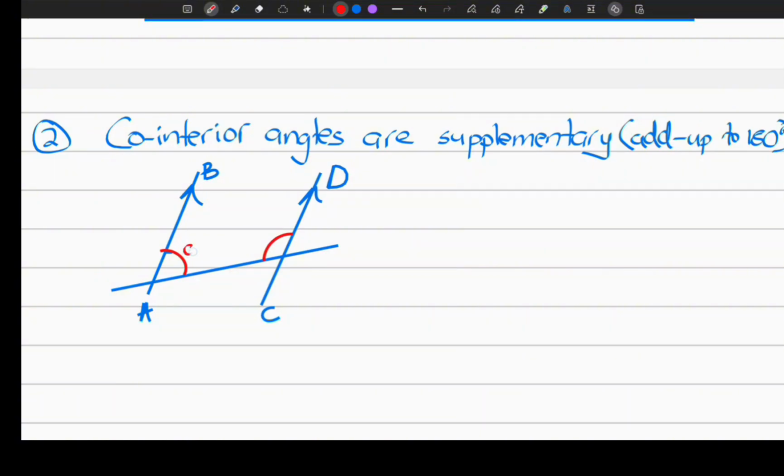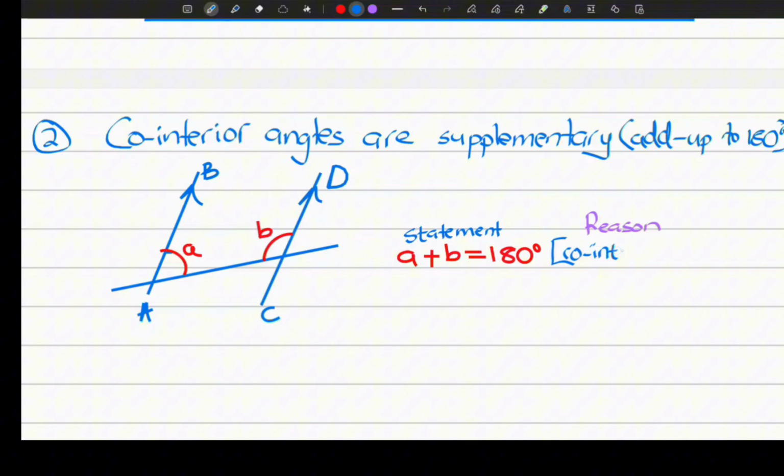If we name this angle A and this one B, all we are saying is that A plus B equals 180 degrees. And this would be our statement. Co-int with a dot for co-interior angles, semicolon, AB parallel CD. That's it, your statement and your reason.